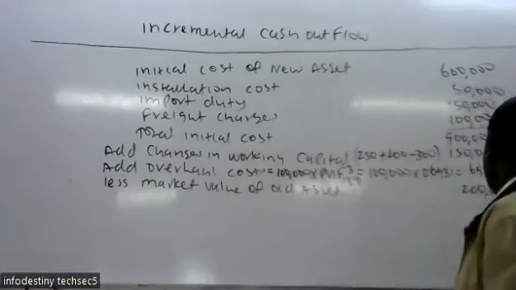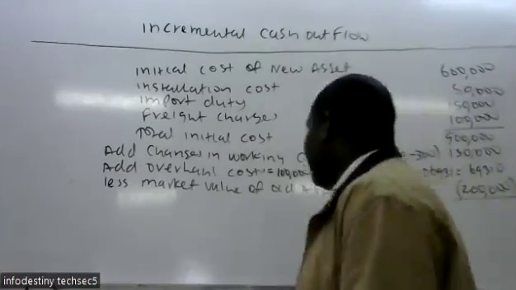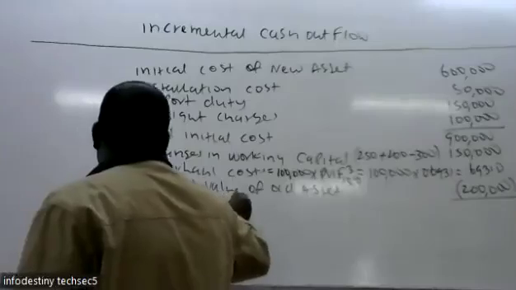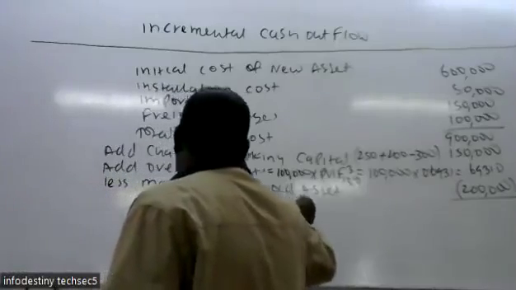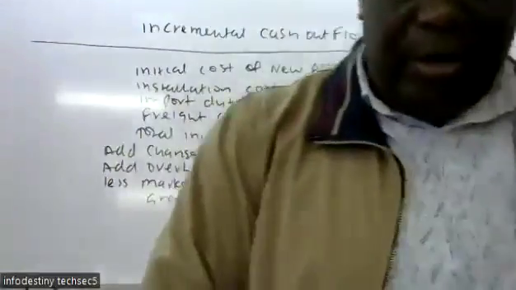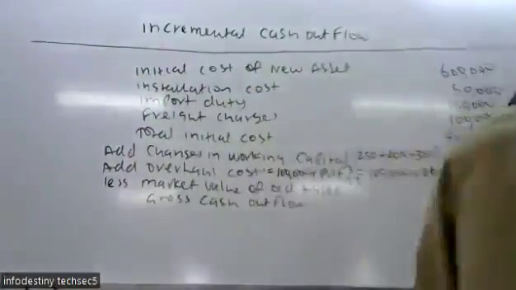So you subtract that so that you get the gross cash outflow. So that we come up with the gross cash outflow.